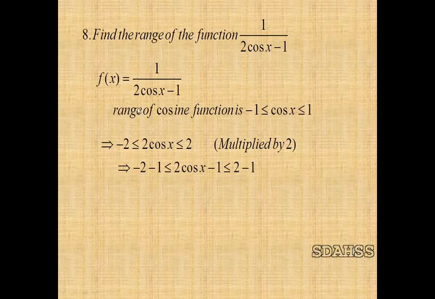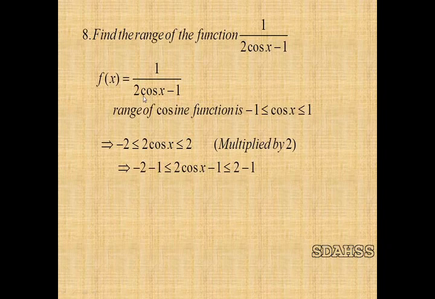It has 2 cos x, so you have to multiply the whole thing by 2. So you get minus 2 less than or equal to 2 cos x less than or equal to 2.